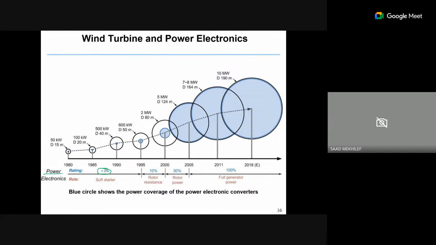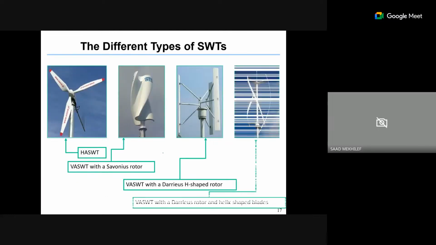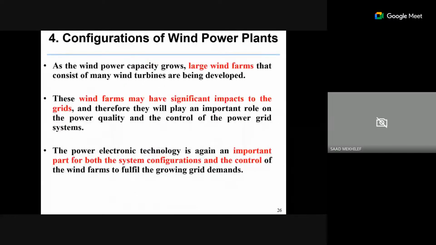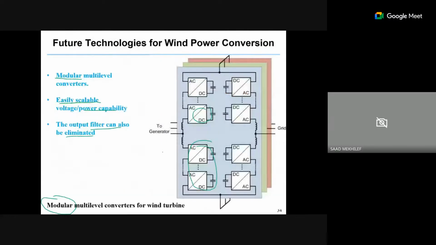Then it moved to 10%, usually used in the rotor resistance, and from now onward we are moving to almost 100% power electronics driven wind turbines.